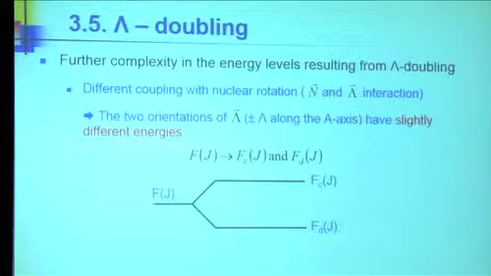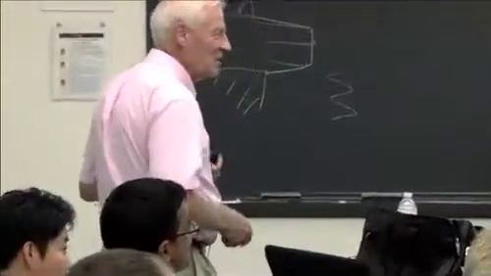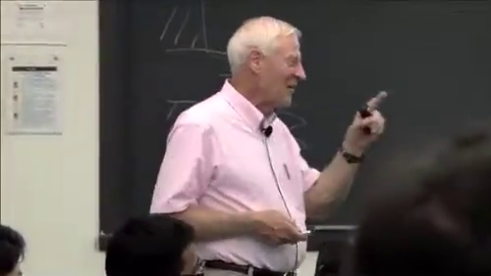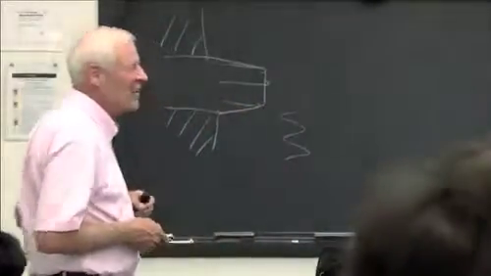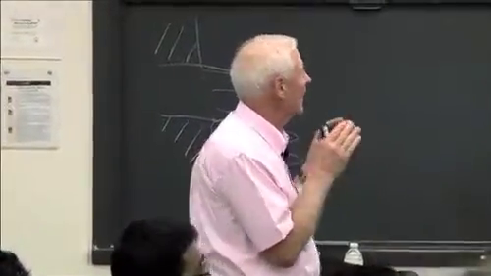What's the degeneracy of this state? I gave you a clue. I said the degeneracy of that state. I've never heard that answer before. Now I have to be careful.